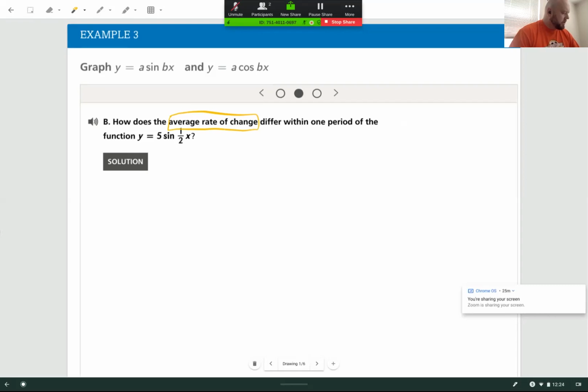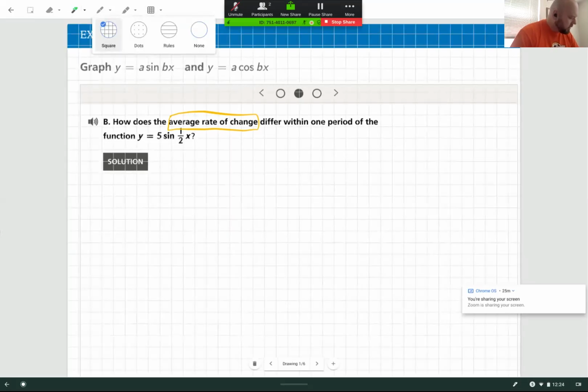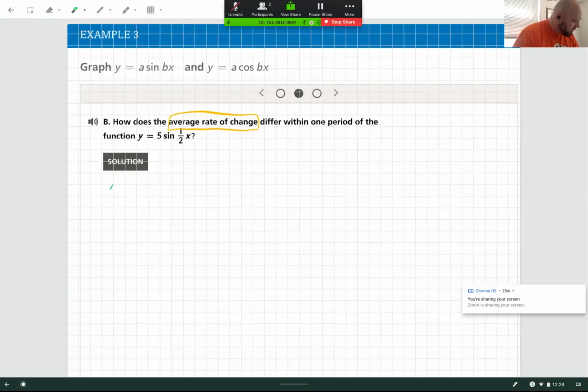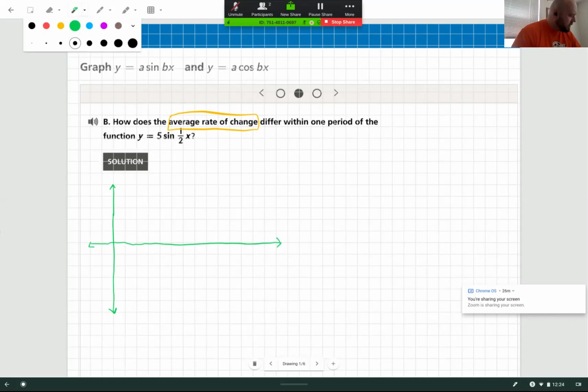Let's first go back, and I'm going to graph this thing again. Let's put up a grid. This will be 0.